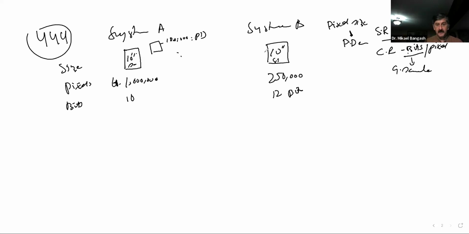Then the same image here, the same 10 square inches, but where the whole image had 250,000 pixels, that mainly means that for each square inch you will have 25,000 pixels.